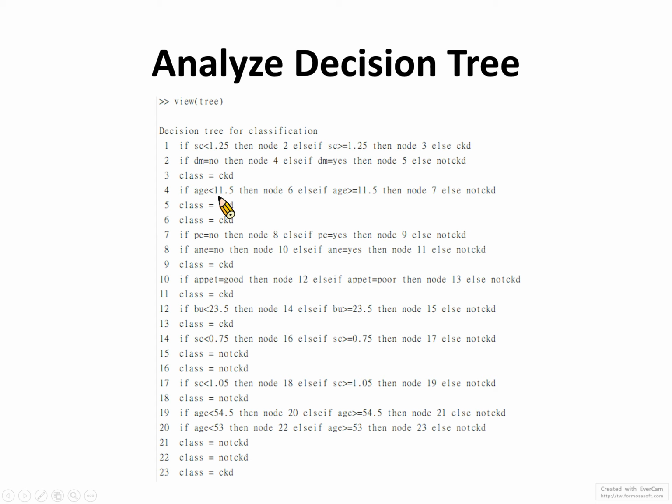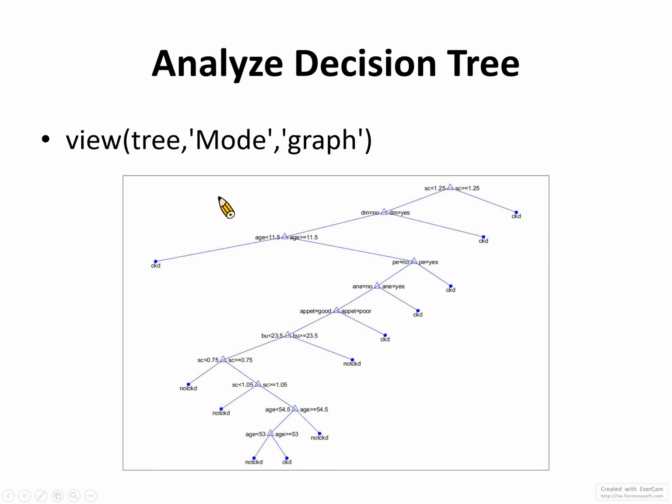However, you may ask, this is not very straightforward, so how about we just create a tree graph? It's not difficult. Again, you can just type view tree, but you add a parameter, which is mode graph, and it will plot a graph for you. Using this graph, it is simpler to interpret the model.